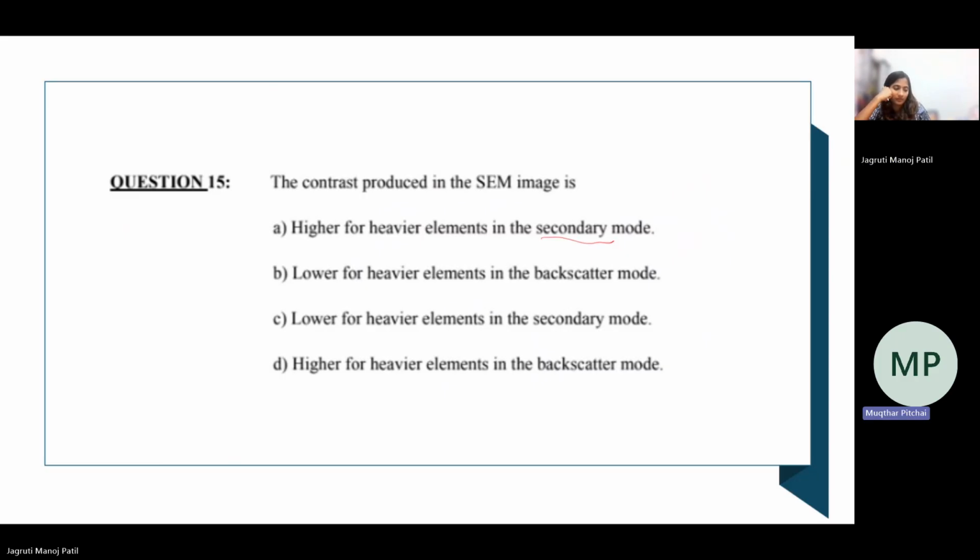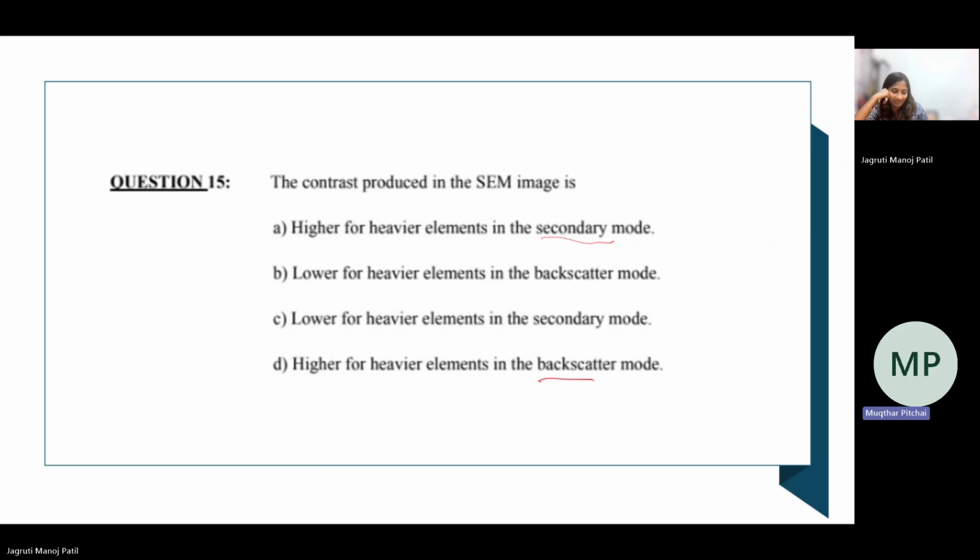Contrast means dark. Heavier becomes dark, more contrast. But is it in secondary mode or backscatter mode? That's the question now.